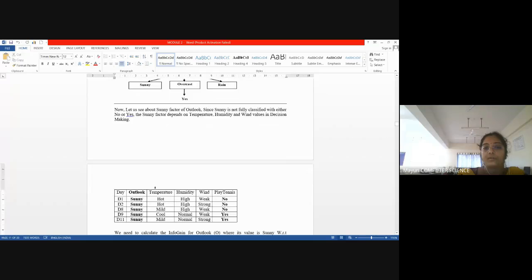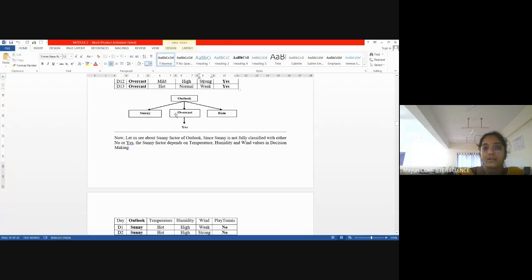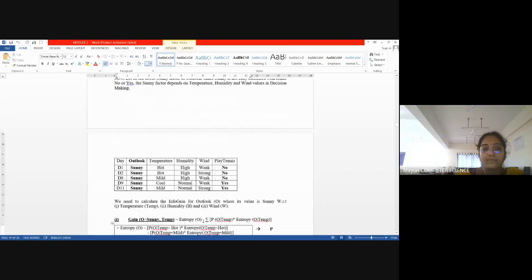So now what I have to do is, you have fixed the path. Now you have to rewrite your table. Now I have taken sunny. Later I will go with rain. Now I have to check how sunny is dependent on the other attributes except outlook. What are all the other attributes? Temperature, humidity, wind, right? Now I have taken data from the table, from the outlook. What are all the values that are only sunny? I have left overcast, I have left rain here.